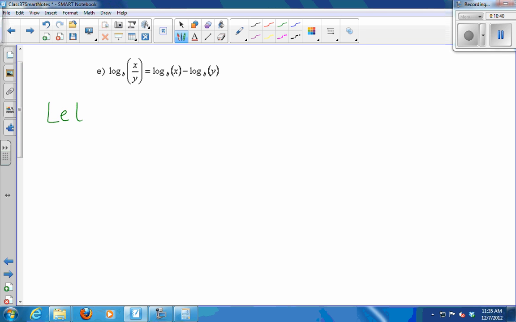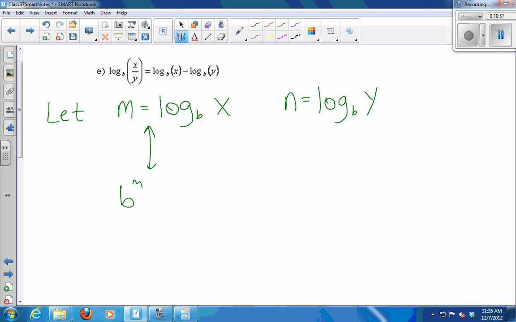We would let m be log base b of x and n be log base b of y. Change these to their exponential form. Oops, that's an x.